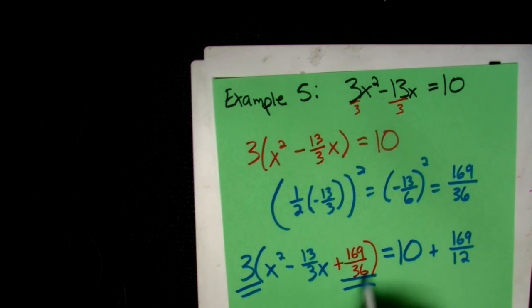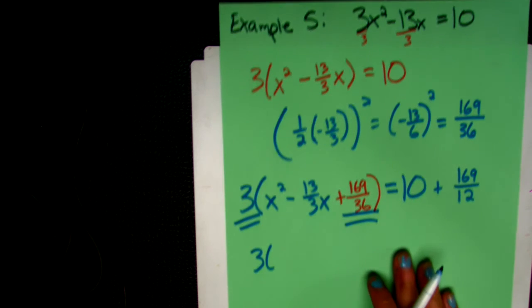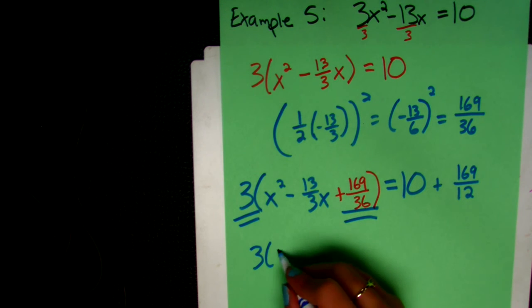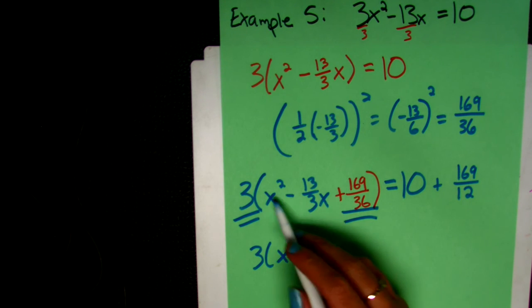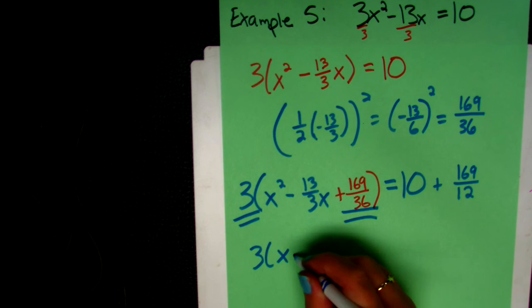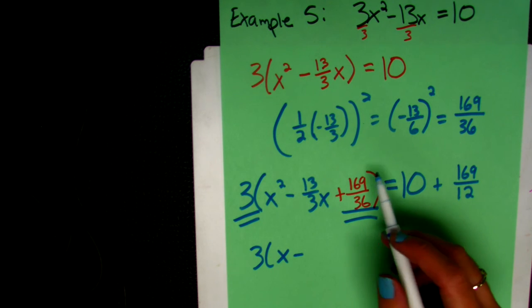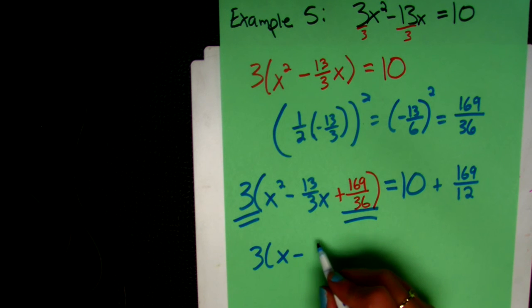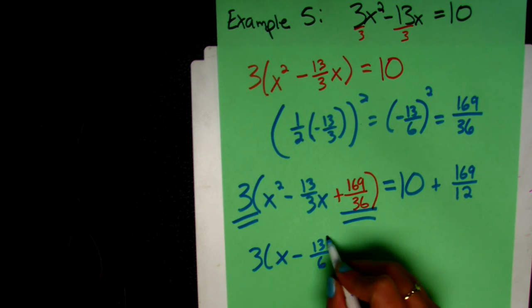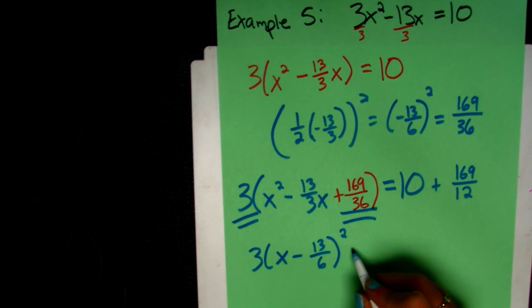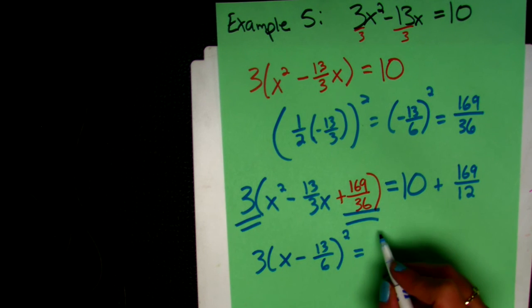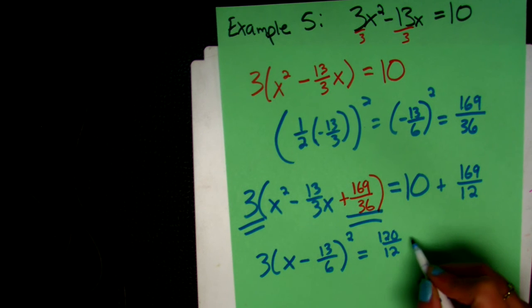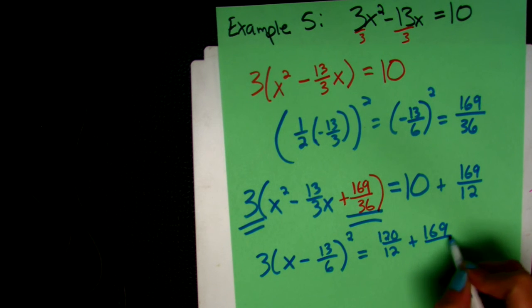Okay, so I'll keep going. This piece right here can be rewritten as a perfect square trinomial. So it becomes x, because the square root of x squared is x, minus, and then the square root of 169 over 36 is going to be 13 over 6. And then 10 can be rewritten as 120 over 12.